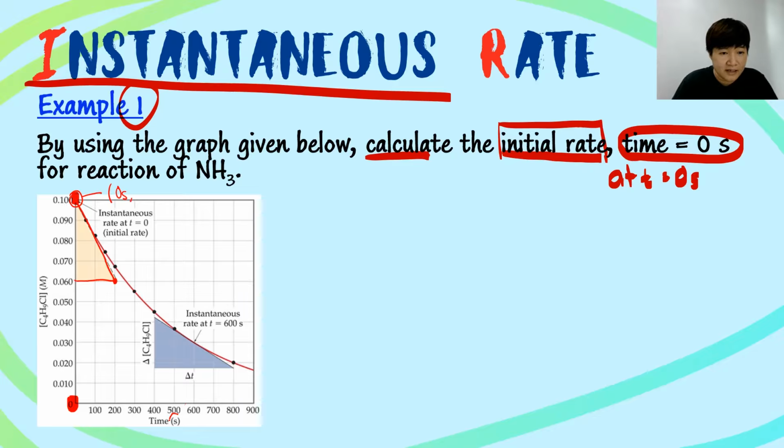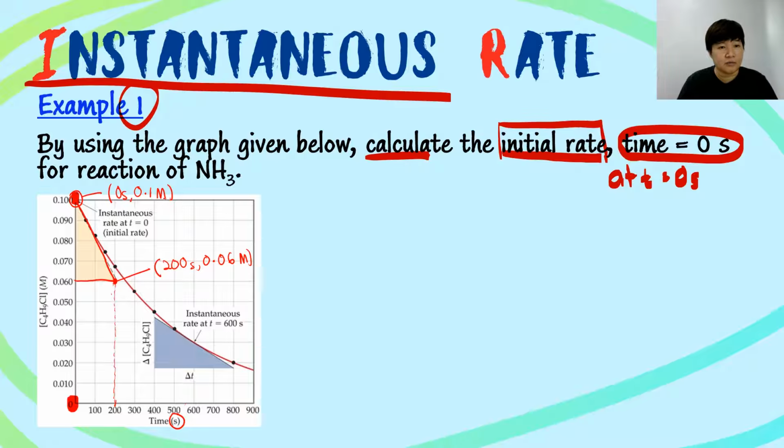I know that because it's given. And then the concentration is 0.1 molar. At this point, you can see the time is 200 seconds. We extrapolate, and the concentration is 0.06 molar.